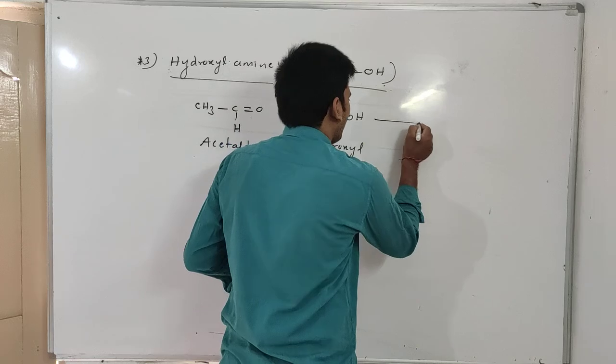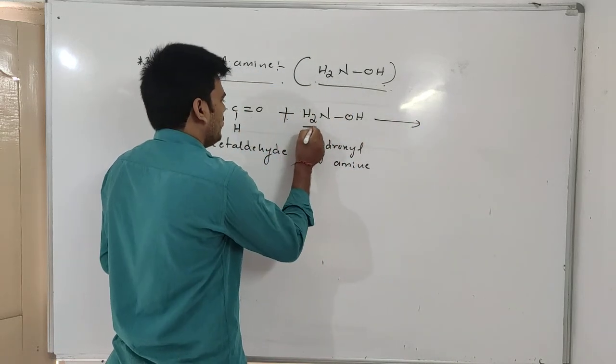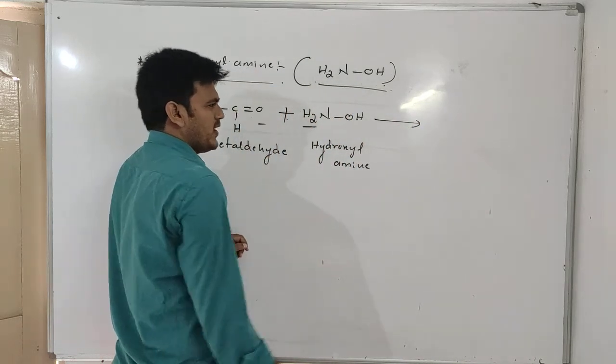So very simple answer: for example, H2 next to O, H2O. So the byproduct is water.